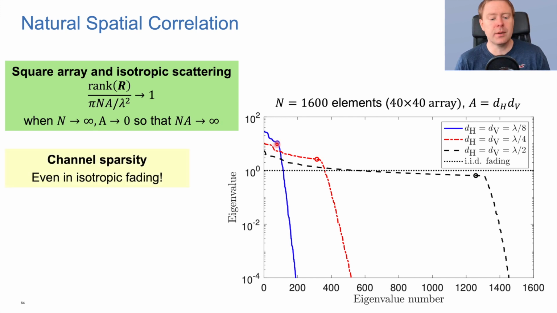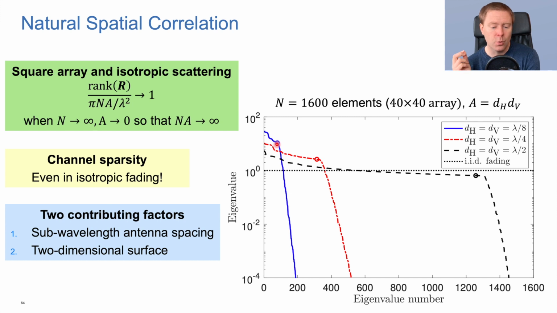So what is the point here? Well, there is channel sparsity. We have n dimensions, but even if signals are coming from all dimensions, you are not utilizing all dimensions. You can never do that. And why is that? Well, there are two contributing factors. One of them is the sub-wavelength antenna spacing that is removing a lot of the dimensions.